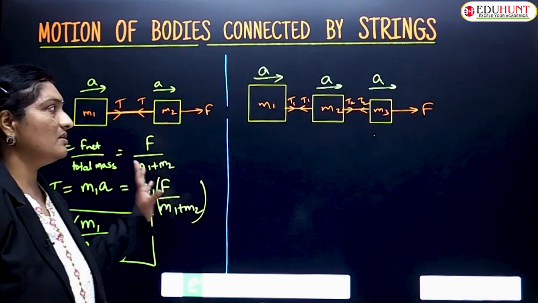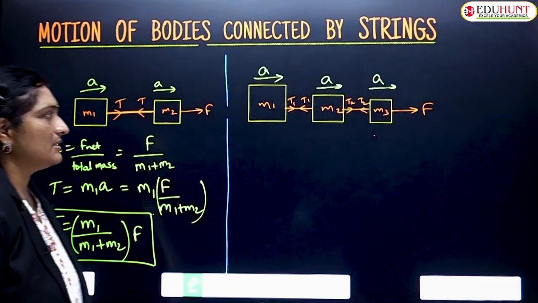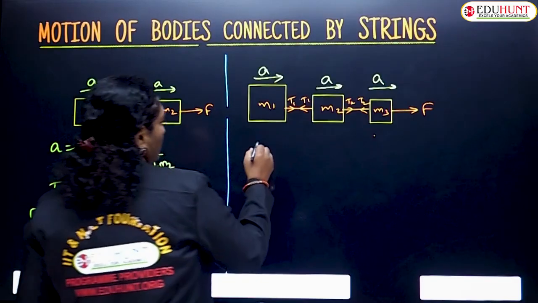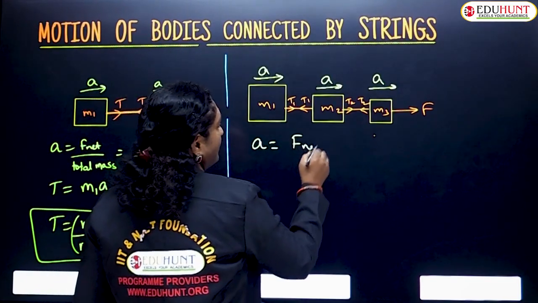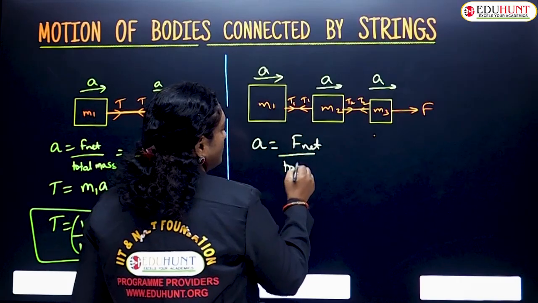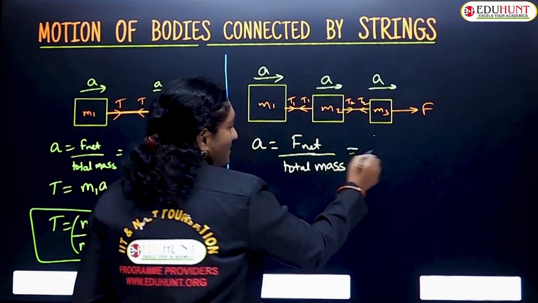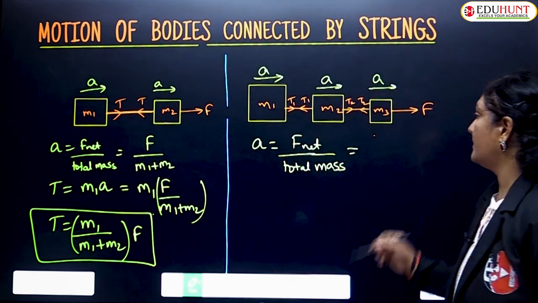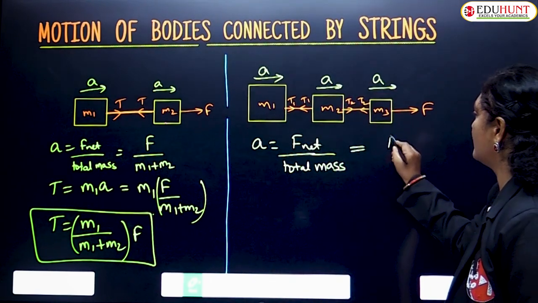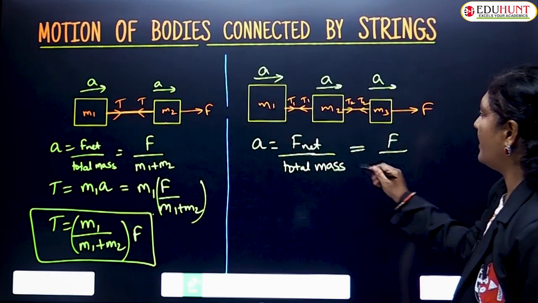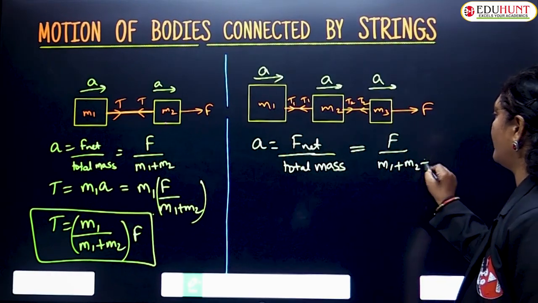This acceleration can be found by the net force acting on them divided by the total mass. What is the net force acting? It is nothing but F, and the total mass is m1 plus m2 plus m3.